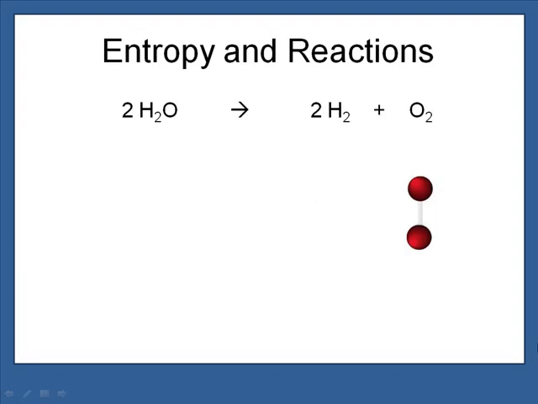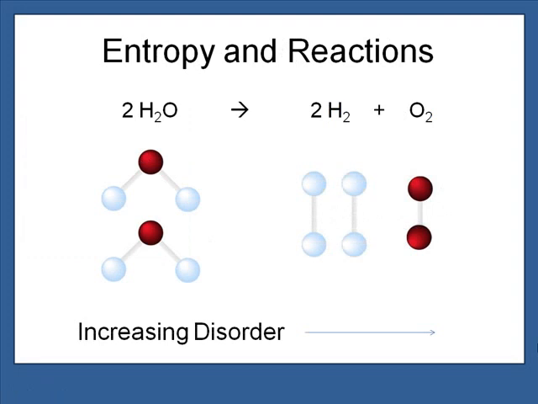Let's think here for a second about this chemical reaction. If we have liquid water that is going to decompose into, in fact, let's just say it's water vapor so that we don't have to worry about states of matter. So we have water vapor, two molecules there that we're going to decompose into hydrogen gas and oxygen gas.